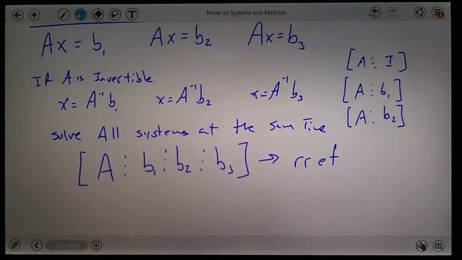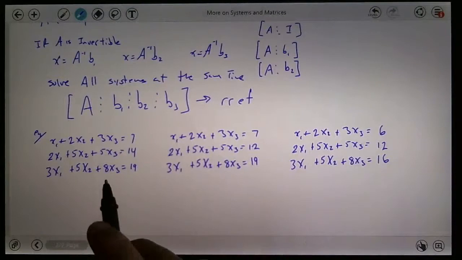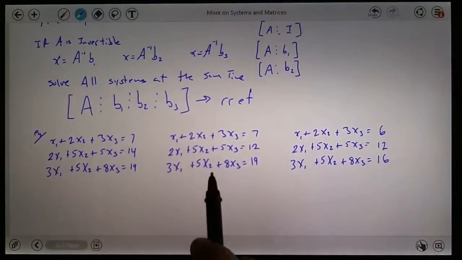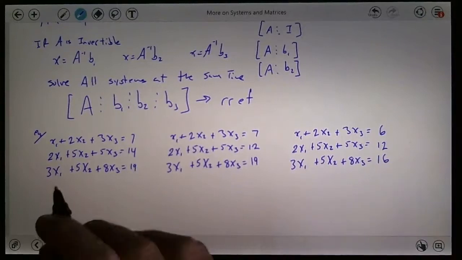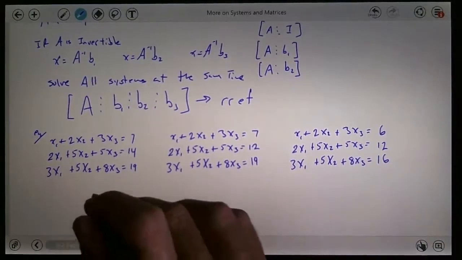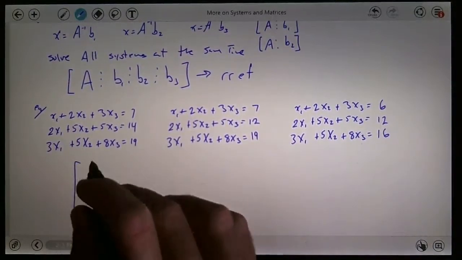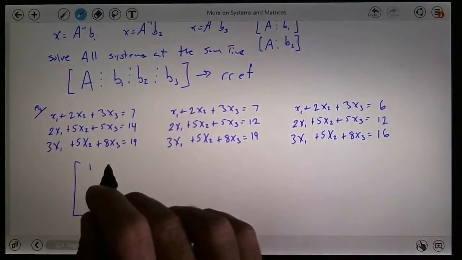Let's do an example. Here are 3 systems that all have the same coefficient matrix over here on the left, same left-hand sides of all the equations, but different numbers on the right. So I'm going to make one extra large augmented matrix.